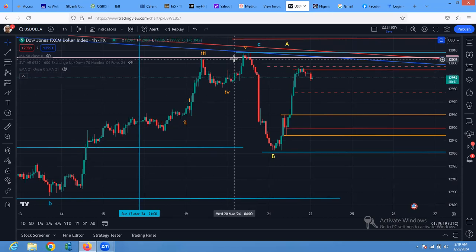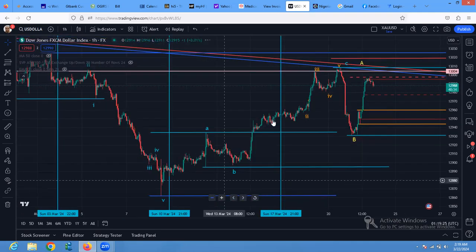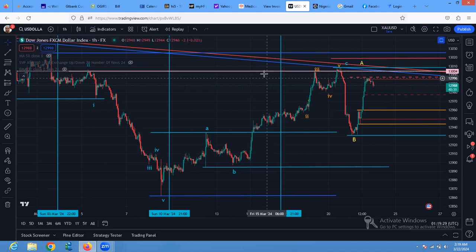We didn't have to erase the primary 2 here. If we really wanted to go down, we didn't have to erase this primary 2. So that's the first sign. This primary 2 has been compromised.